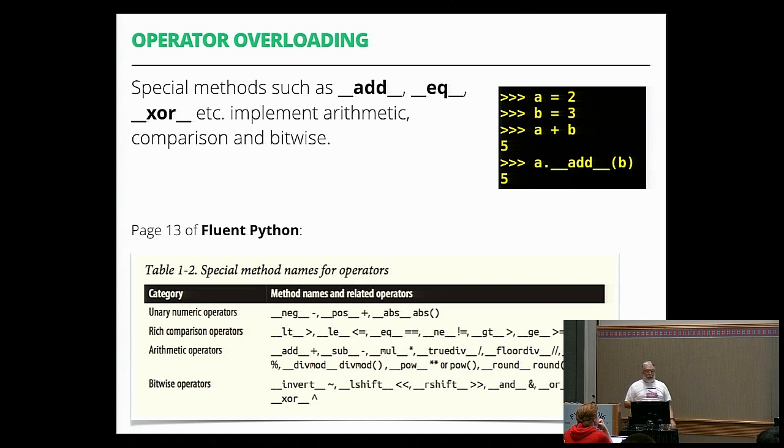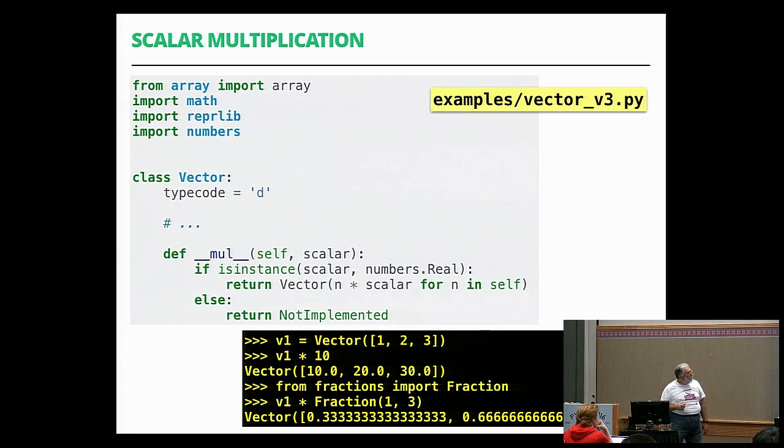Anyway, the way operator overloading works in Python is by implementing some special methods that have names like dunder-add and so on. And here's an implementation of scalar multiplication, which is how you multiply a vector by a scalar number. Okay? So what you get is a new vector that has the components multiplied by that scalar. I can also use a fraction, for instance, which is another type that Python supports.